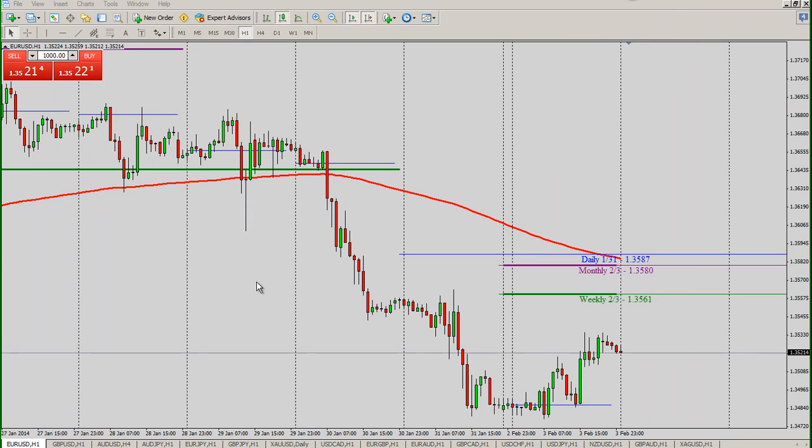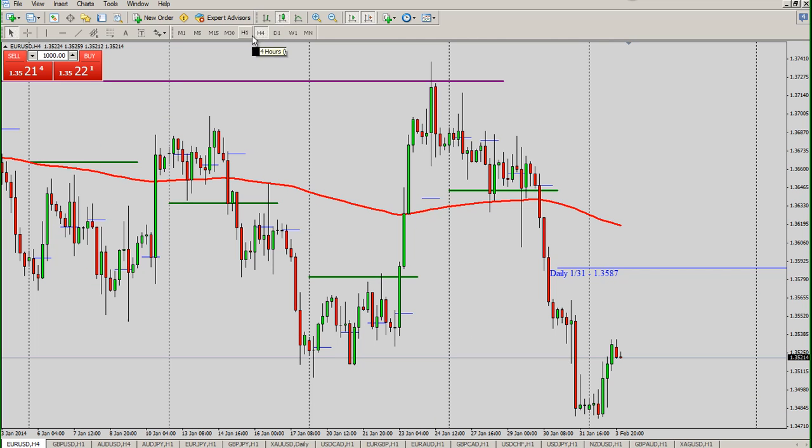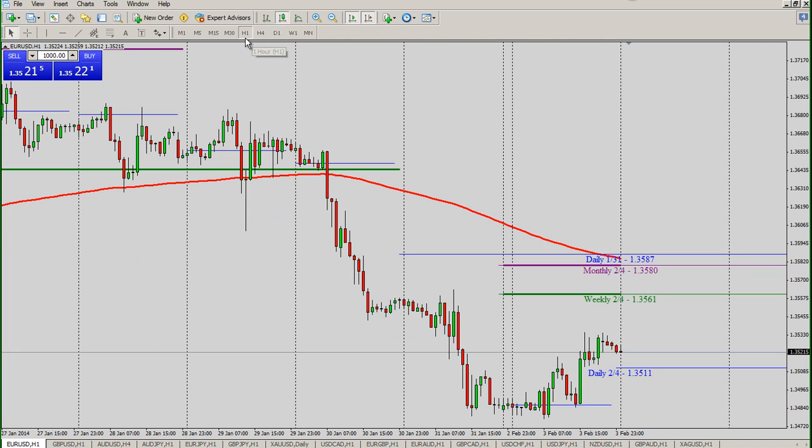Okay, guys, quick little look at the euro dollar here. I've been talking about the euro quite a bit and discussing some of the details and just overall saying that I would rather be short euro than anything. So the euro made a nice little drop at the end of last week, and it's kind of solidifying down here.